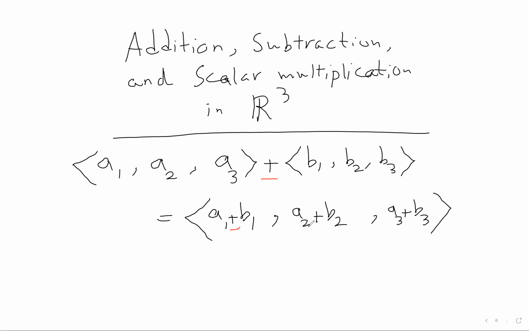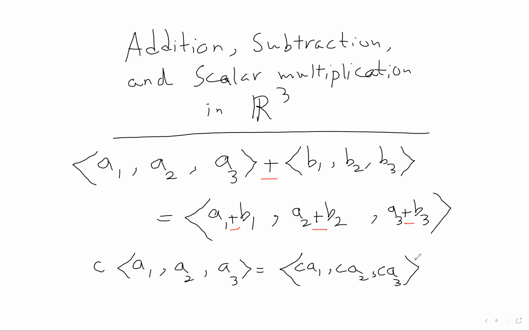So inside the coordinates of these vectors, these pluses will become minus. Also, if I multiply a vector by a real number, a scalar multiplication, so C times (A1, A2, A3), that just means that I multiply C by each of these coordinates: CA1, CA2, and CA3.